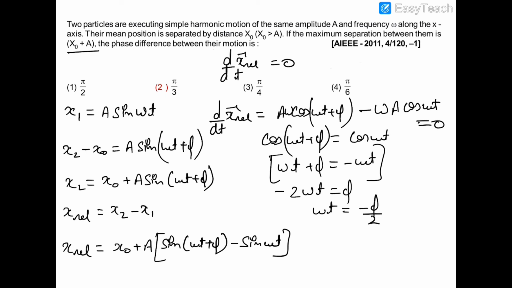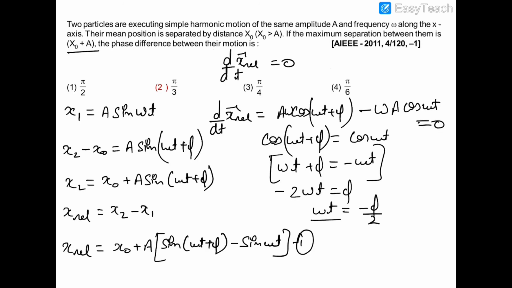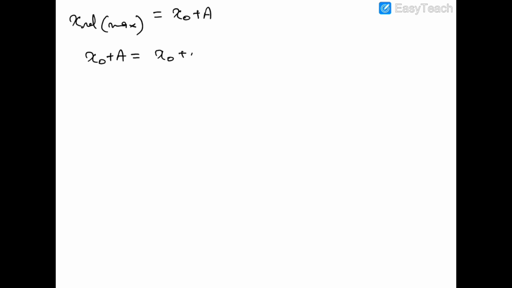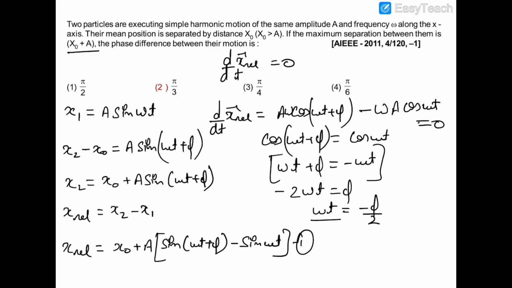So we can substitute the value of this time in equation 1. Substituting this value, we know that x relative maximum is given as x naught plus A. So x naught plus A will be equal to x naught plus A sine, where we are substituting the value of omega t as minus phi by 2.